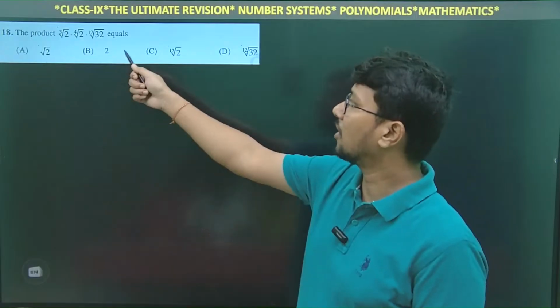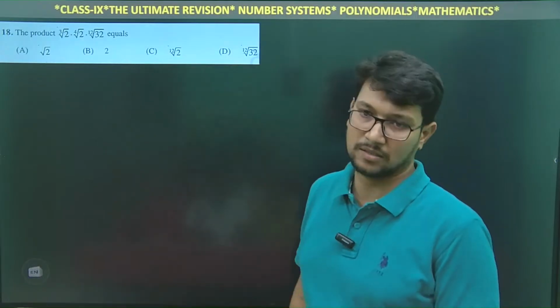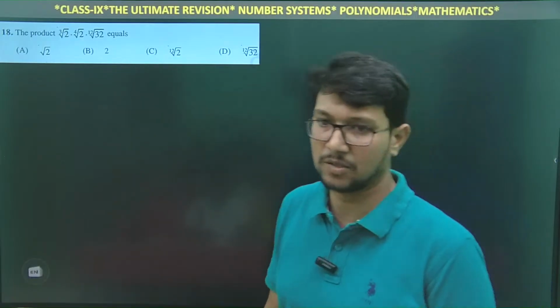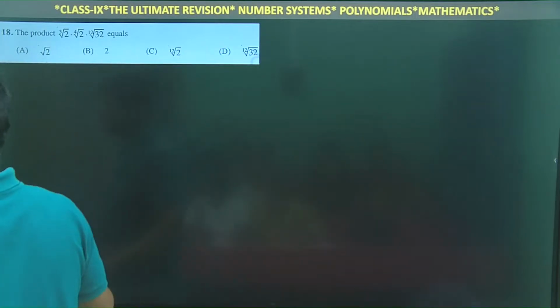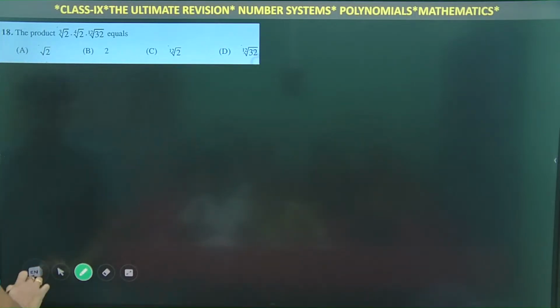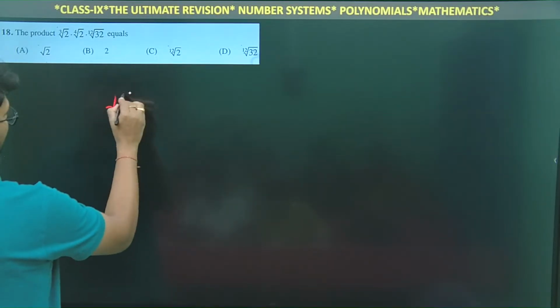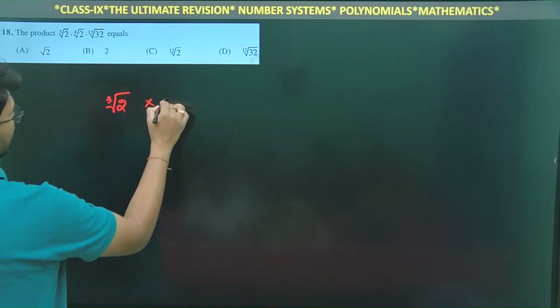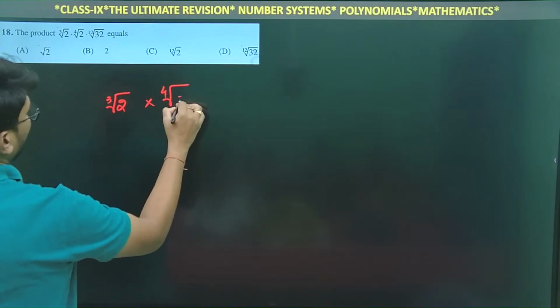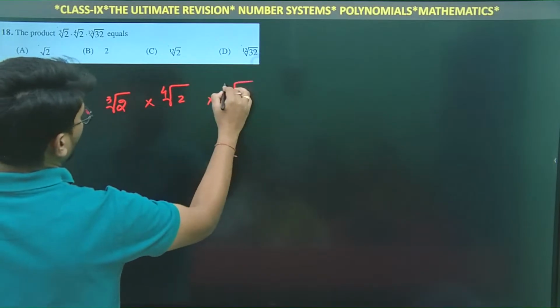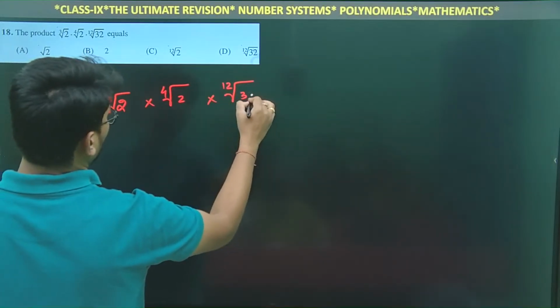Now the product of this equals to what? Product of this equals to what? Solve karo. Visible question. So cube root of 2. Cube root of 2 is how much? 4th root of 2 into 12th root of 32.